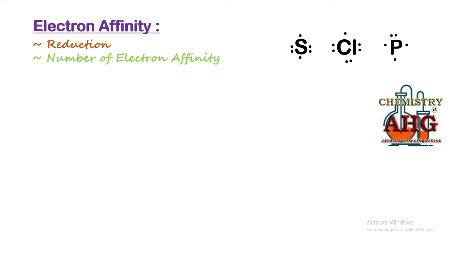So phosphorus can gain how many electrons? 3. When it will gain first electron affinity. When it will gain second electron affinity. And after gaining the third electron, that electron affinity would be third electron affinity, and the valence shell of phosphorus would have been completed after the gain of 3 electrons. So this is how you can find total number of electron affinities which are possible for a given element.